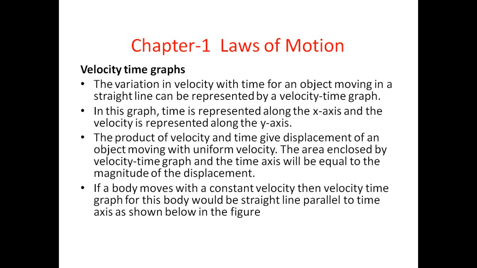When we calculate velocity, we use the term displacement rather than distance. So displacement is covered by the body in a given time, and by the help of that we can calculate the velocity. The product of velocity and time gives the displacement of an object.